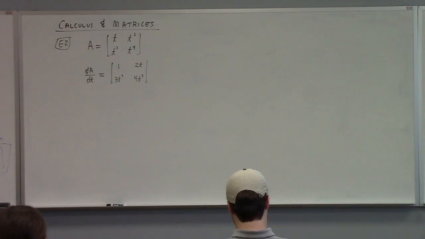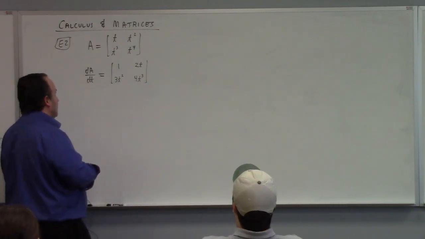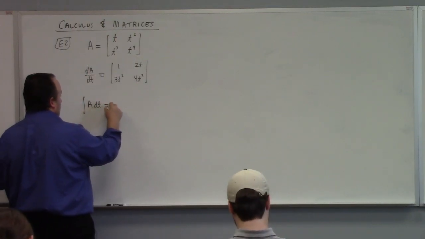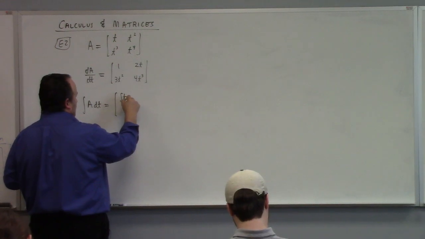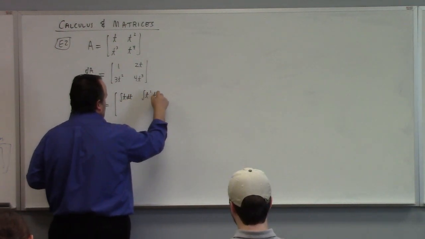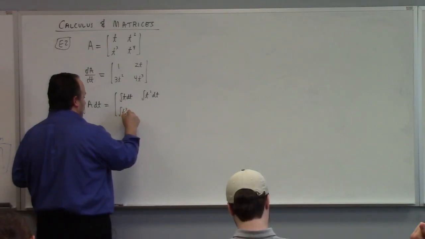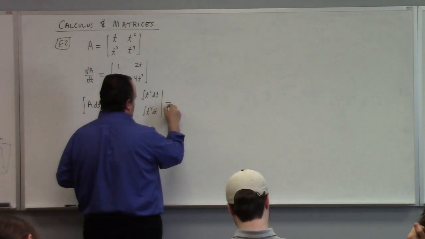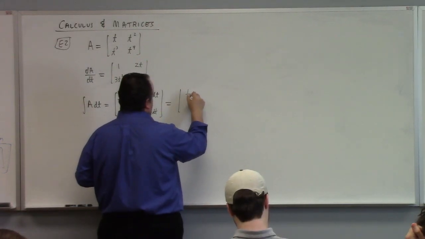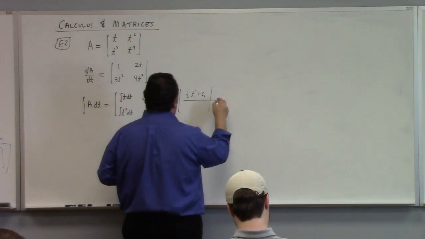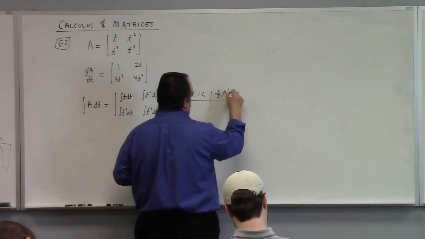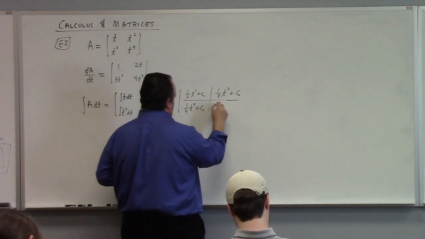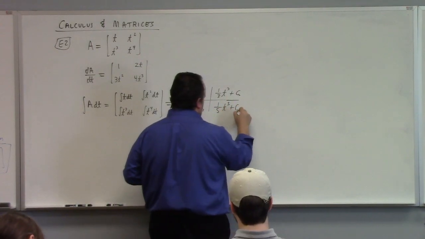And you could also integrate the matrix, right? What would the integral of A dt look like? What it would look like is the integral of t dt, the integral of t squared dt, the integral of t cubed dt, the integral of t to the fourth dt, which would give us 1/2 t squared plus c1, 1/3 t cubed plus c2, 1/4 t to the fourth plus c3, 1/5 t to the fifth plus c4.